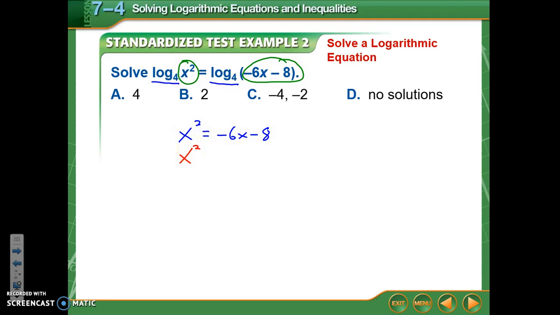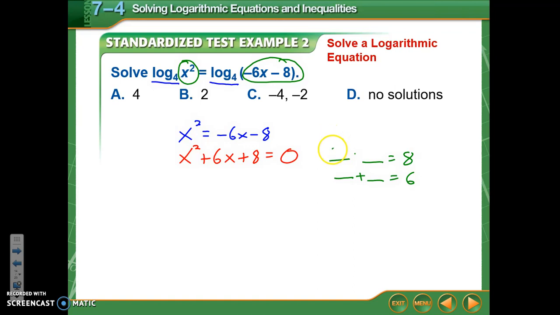So here we're going to solve, since this is a quadratic equation, I'm going to get everything onto one side equal to 0, because notice I have an x squared term and an x term. And we're going to check and see how we can solve this. In this case, factoring works pretty well. Two numbers that multiply to 8 and add up to 6.